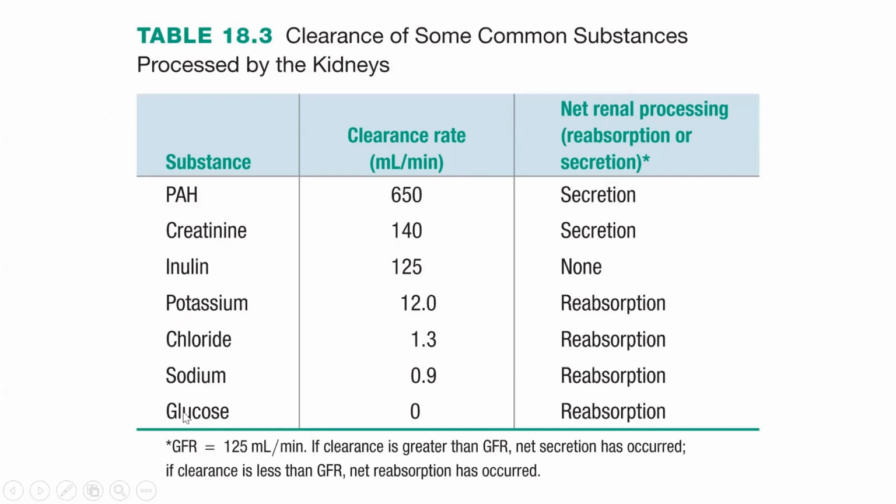If we think about our ions at the bottom here, they're being fully reabsorbed, and so we see very small amounts coming out, or very small values in terms of the clearance rates of these particles. So essentially, if the clearance rate is greater than GFR, we know that secretion is taking place because it has to be coming from somewhere at a faster rate. If the clearance rate is less than GFR, we know that net absorption is taking place because it has to be going somewhere else, okay? So that's what we can deduce from this table.